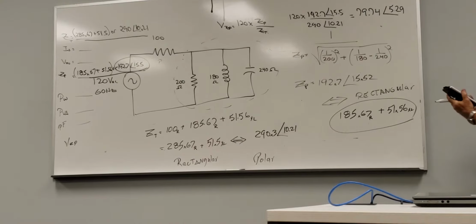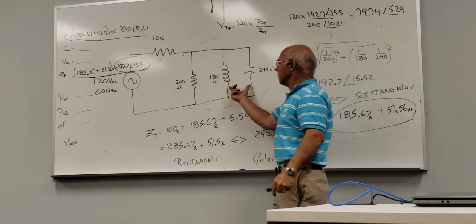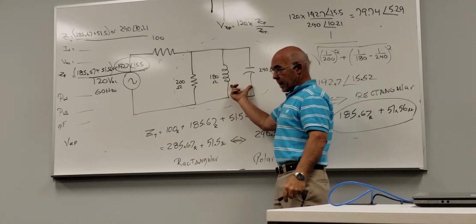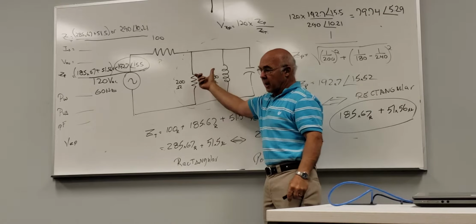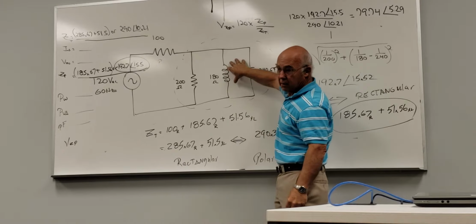Now, that angle is real small. The reason it's small is because these being equal in parallel are supplying their own currents. The power supply doesn't even know they're out there hardly.